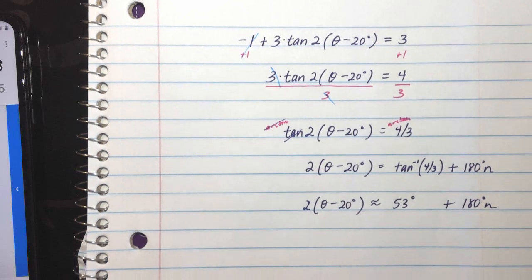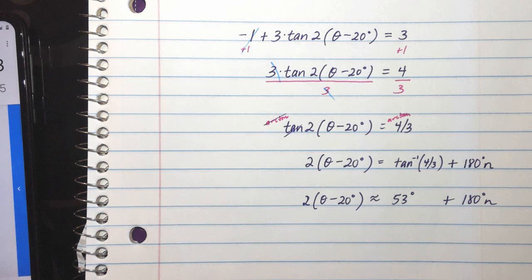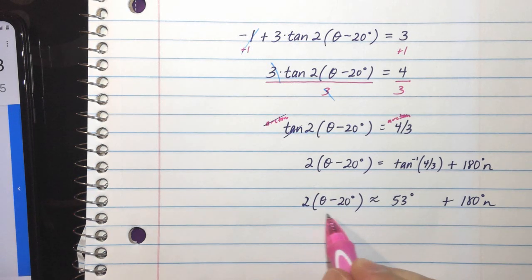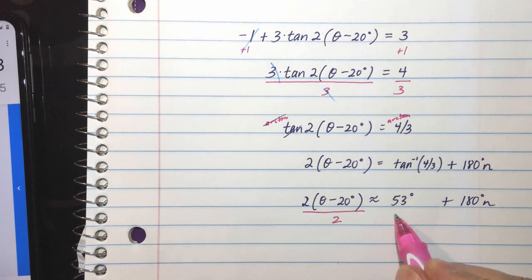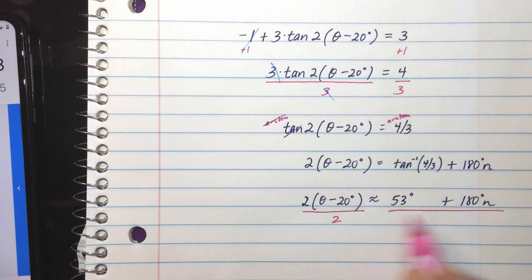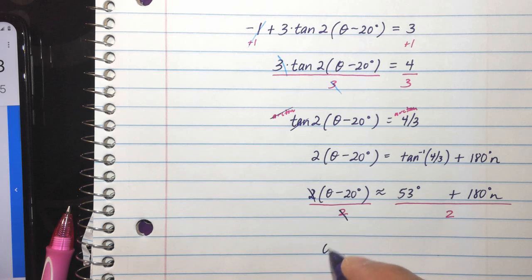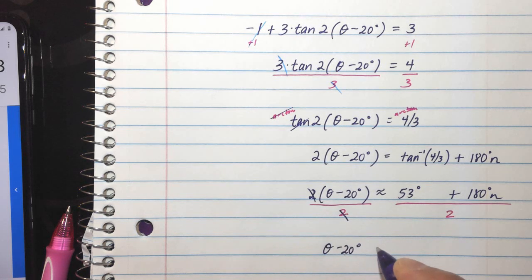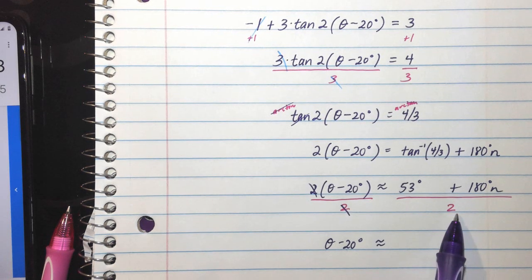And now I divide by 2 on both sides. Pay attention to this step. Divide the whole right side by 2. Cancel. Theta minus 20 degrees is equal to about 53 divided by 2.